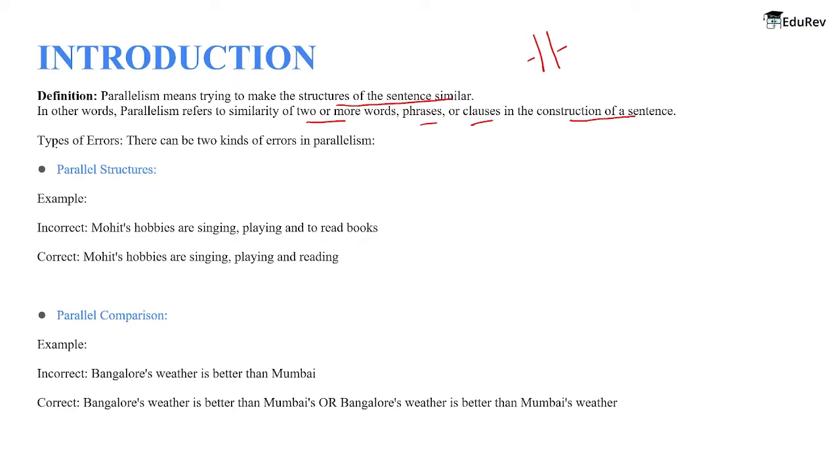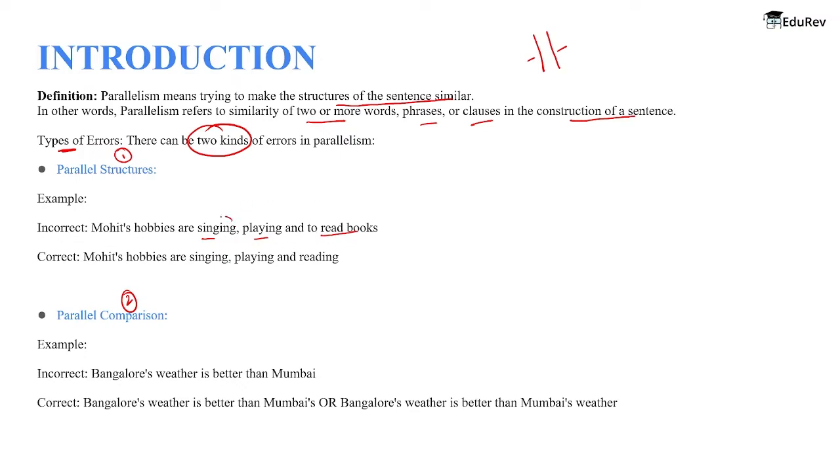So first let us see the types of errors. The types of errors in parallelism can be of two kinds. First is parallel structure and second is parallel comparison. Parallel structure: Mohit's hobbies are singing, playing and to read books. You can tell me just by reading it what you find incorrect here.